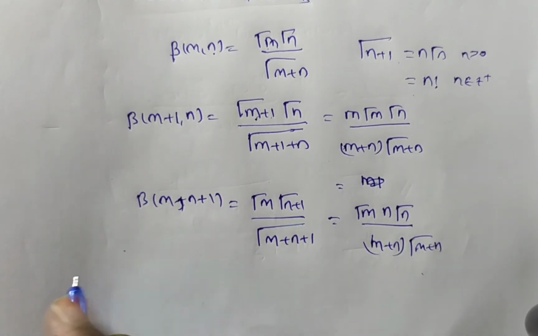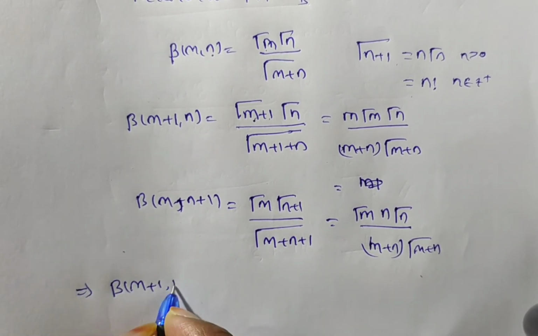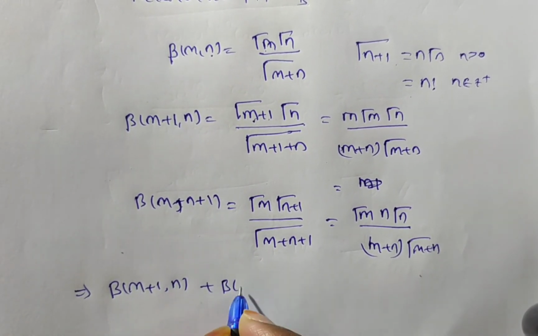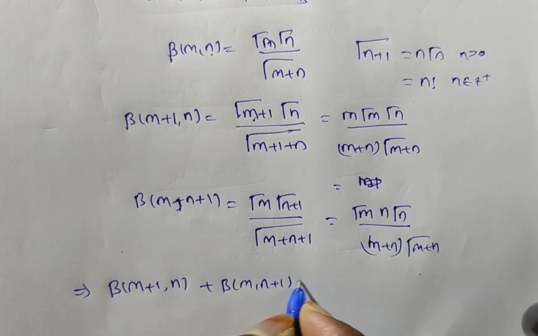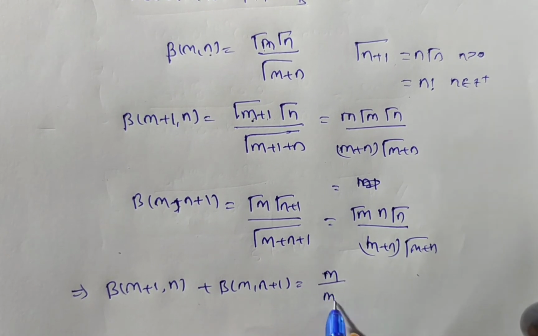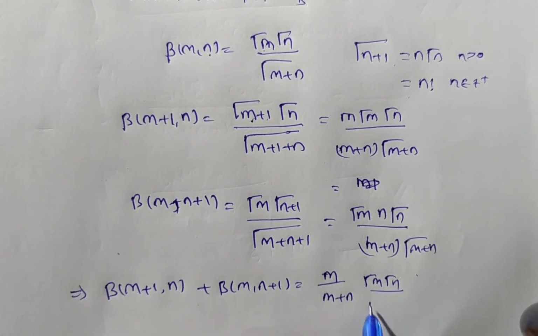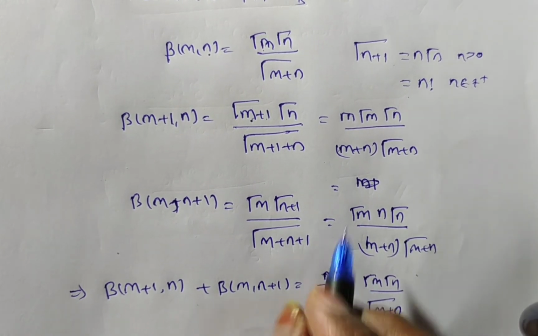Now you add these two. Then that implies beta of m plus 1 comma n plus beta of m comma n plus 1 is equal to m by m plus n into gamma m gamma n by gamma of m plus n. Is it or not?